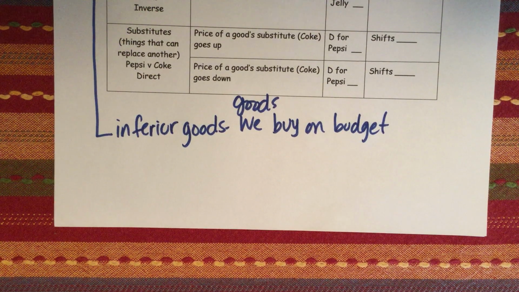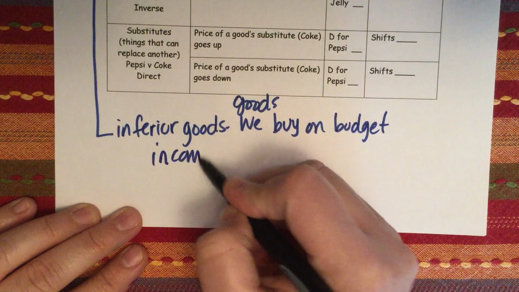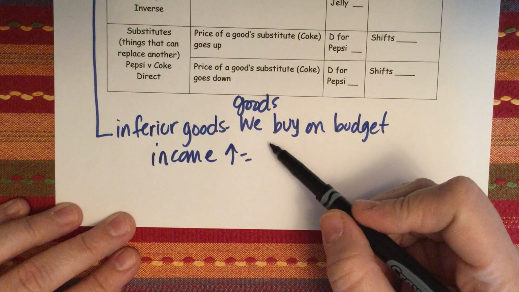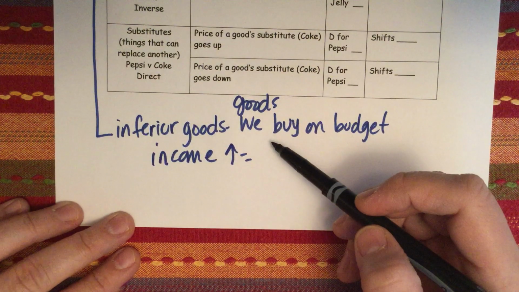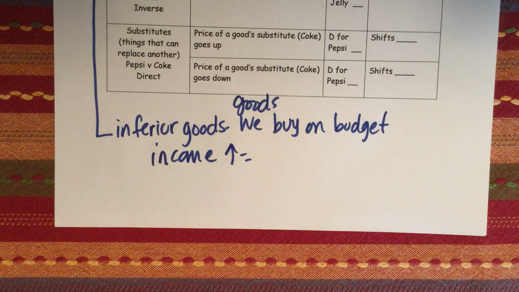However, for the most part, preference aside, whenever your income goes up, the demand for normal goods would increase. If we are making more money, we're going to buy more. But for inferior goods, instead of going out and buying bologna, maybe I'm going to stop buying bologna and go out and buy, you know, deli meats, like deli ham.